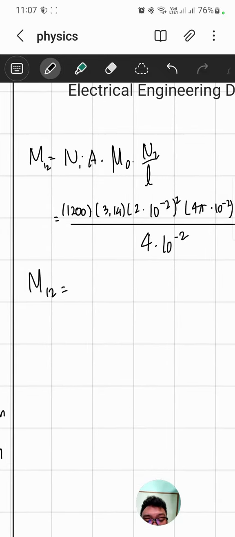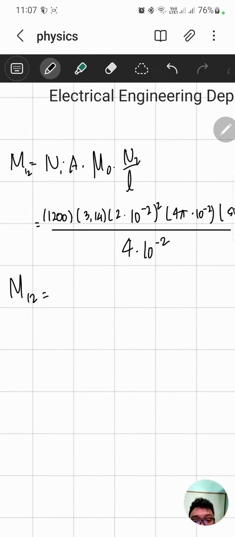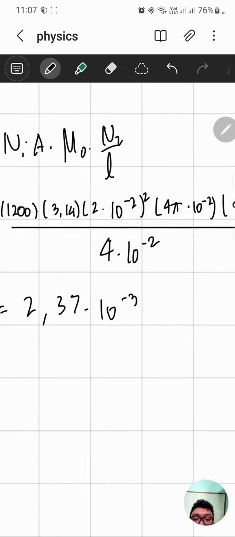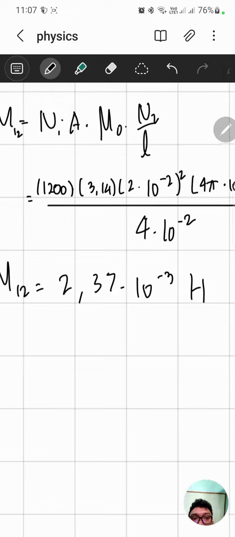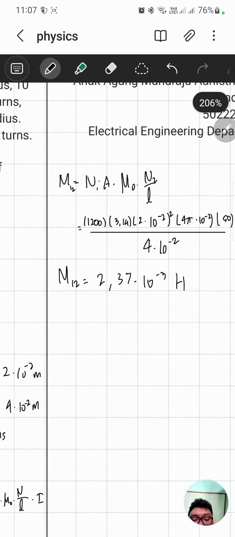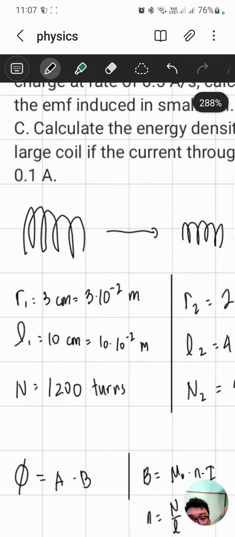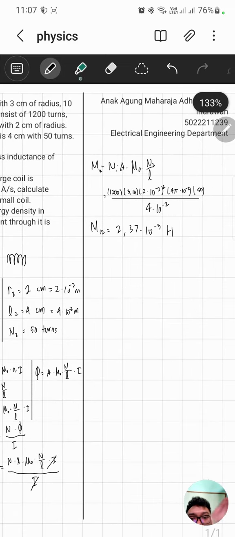So in solving this problem, the calculation will be 2.37 times 10 to the minus 3 Henry. Okay, this is the first problem that is solved.